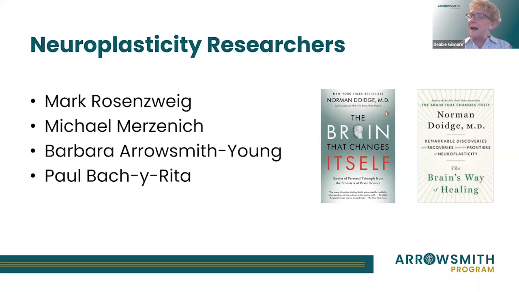Norman was fantastic in writing his books. So he's done The Brain That Changes Itself, and also the other one that you can see there on the screen called The Brain's Way of Healing, which looks at exactly the brain healing itself. But he went around and spoke to all of the neuroplasticians in the field, in all various fields actually, and they're the stories and the case studies that you can read in his book.